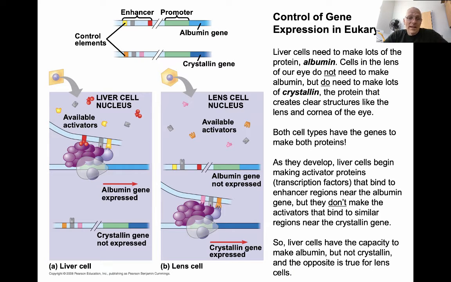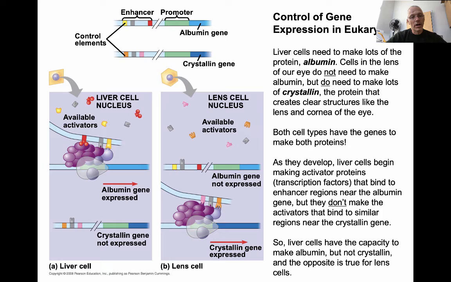Inside a liver cell, there are all the genes that a human cell would need to do the work of any human cell. And inside a lens cell, the lens of our eye, likewise, there are all the genes for controlling the functions of all the different types of cells in the human body.